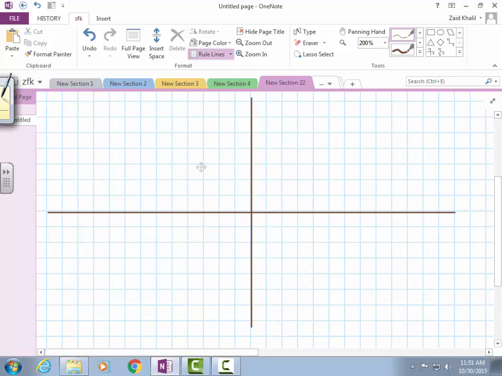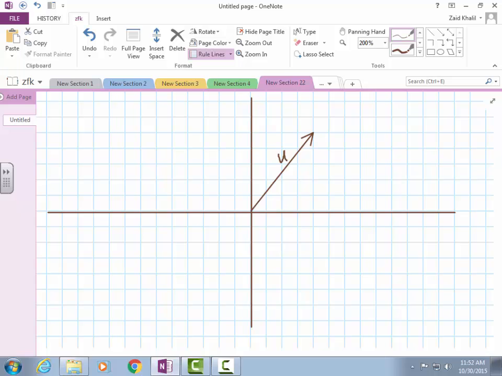All right, so there's my Cartesian axis. And I really need it for this because this actually allows me to write things really exactly. All right, so I'll take a vector U. So here's this vector U. And now what can I do with U? Notice, first off, U extends from one point to another point.